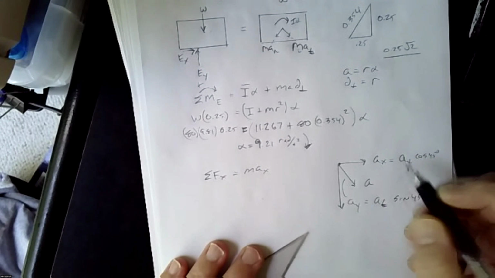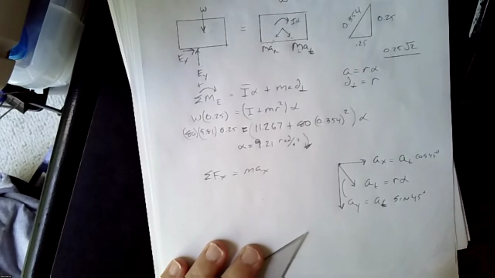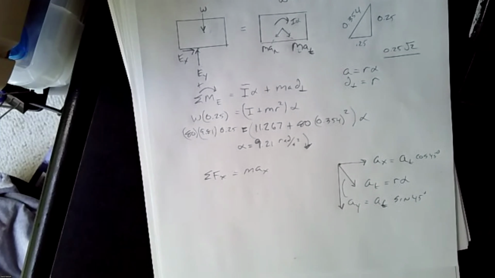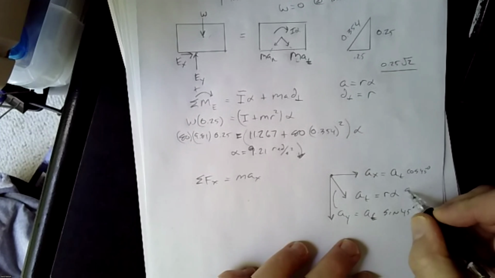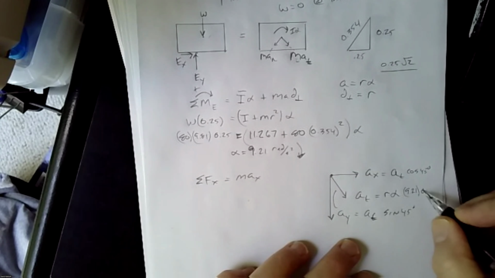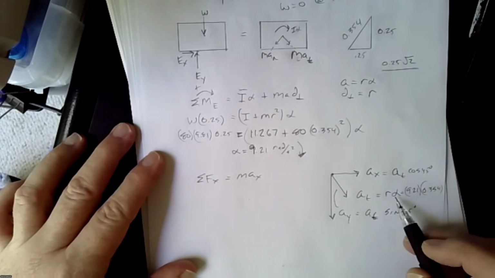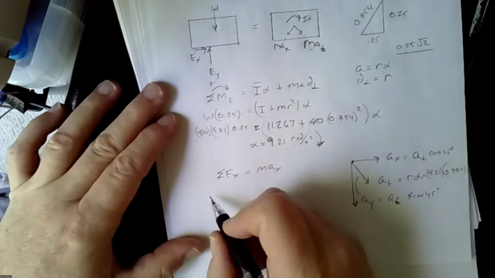Well, we know that acceleration tangential is just equal to r alpha, which if we multiply by our distance, is simply going to be 9.21 times 0.354. Okay, that's what that is. Sorry, it's a little small. So if I write it out, what do I have? Sum of the forces in the x. Well, the only force in the x is EX.